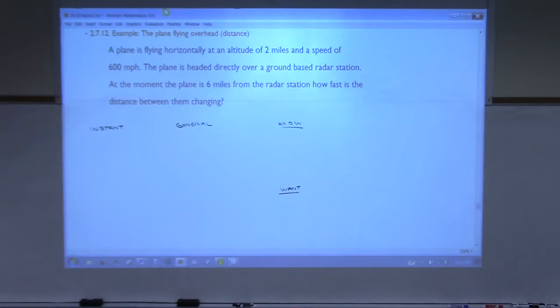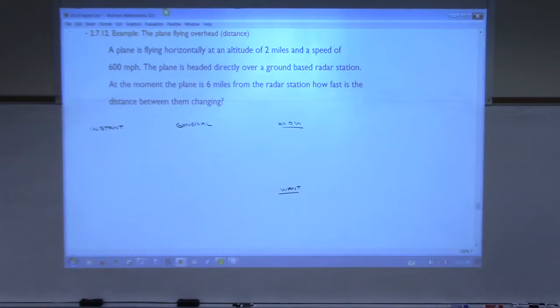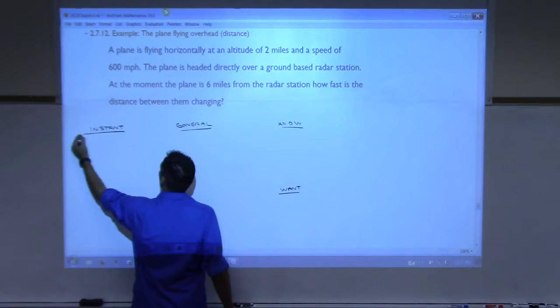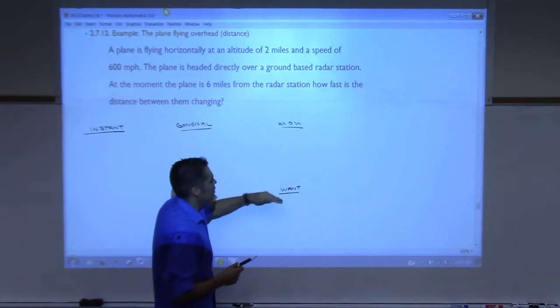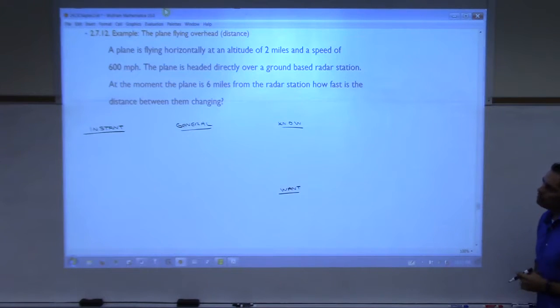Unless we shoot it down, which is why we have the radar on the ground to begin with, right? So that too is obviously going to play a role in the problem, but when we were looking at what we know and what we want, these always had derivatives, didn't they? So although 2 is important, I'm not quite sure it's going to fall into the know category yet.